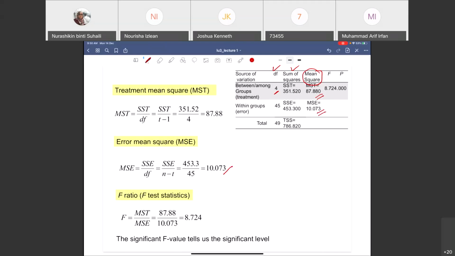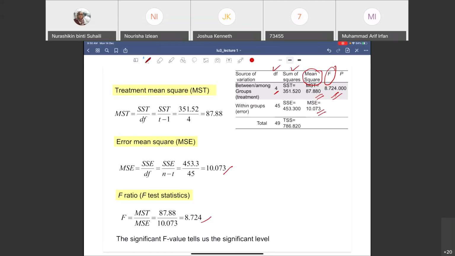Finally, F is obtained by dividing MST by MSE. In this example, you get 8.724.